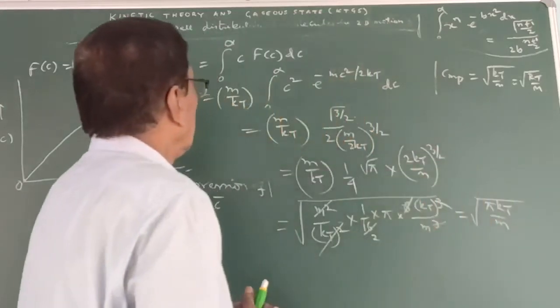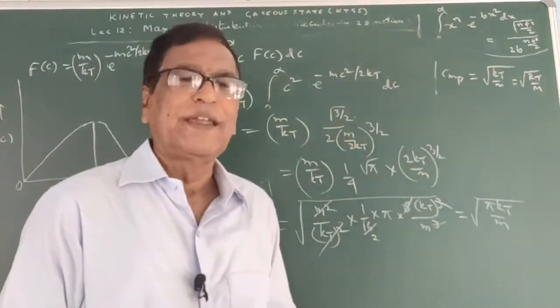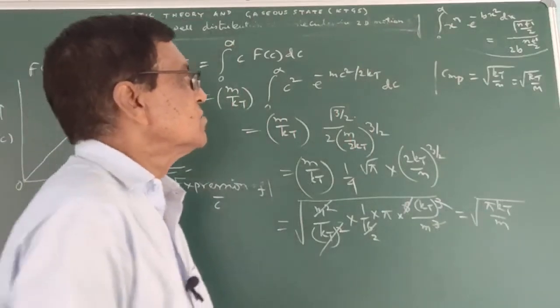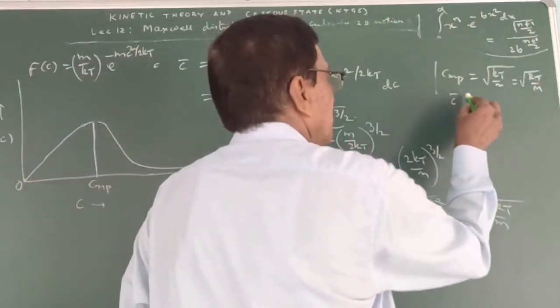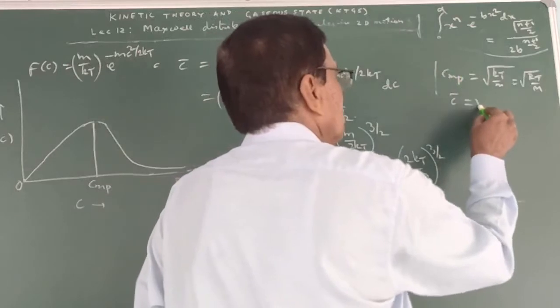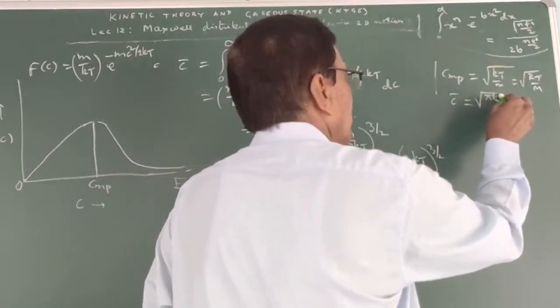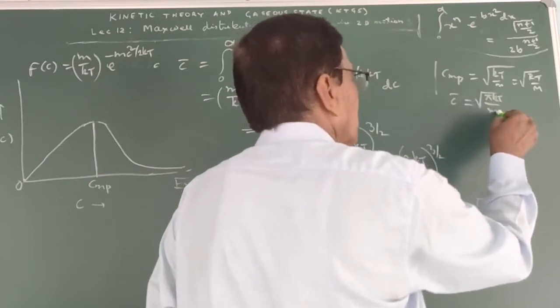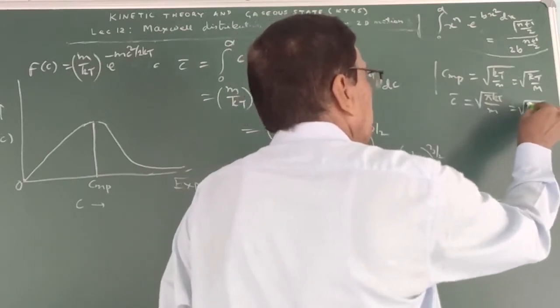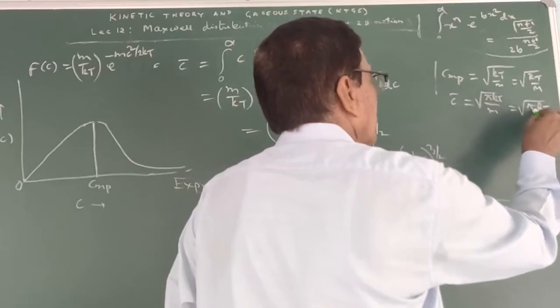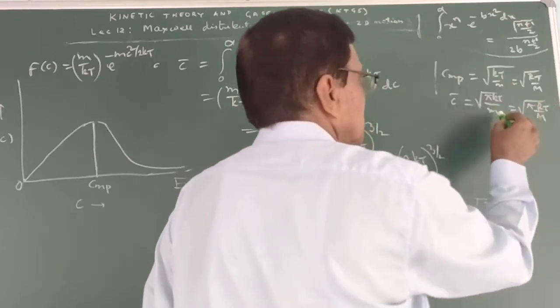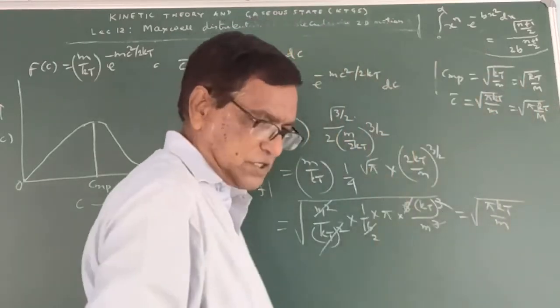This is the average speed of the molecules. So here also we can write c bar equals root over of pi kT by m, or you can write pi RT by capital M. It is the molecular mass, it is the molar mass.